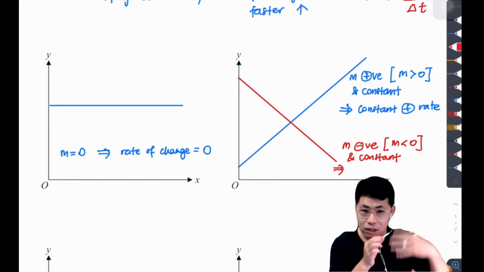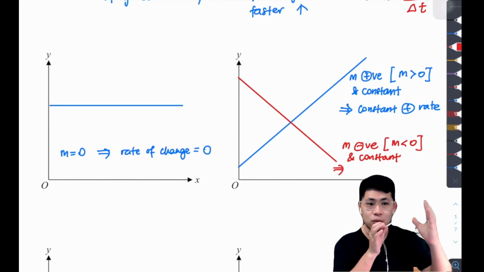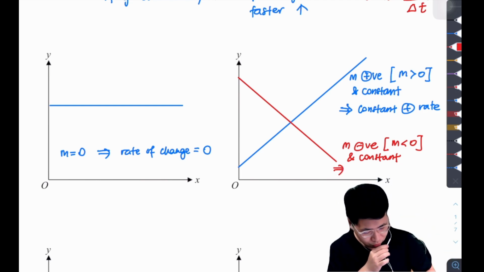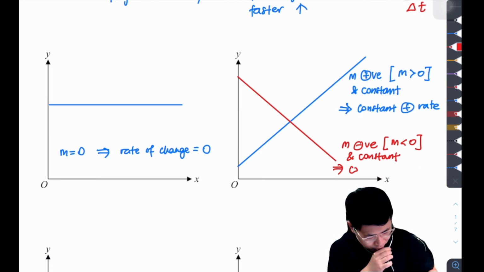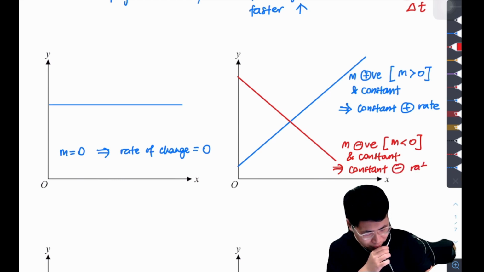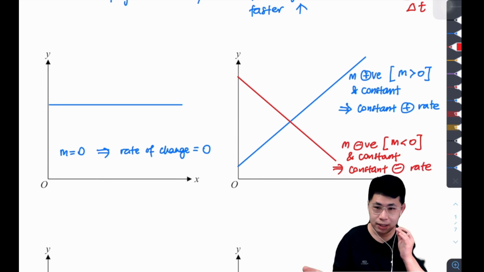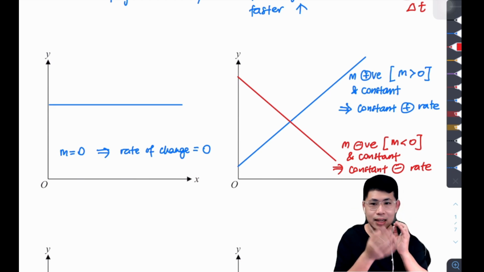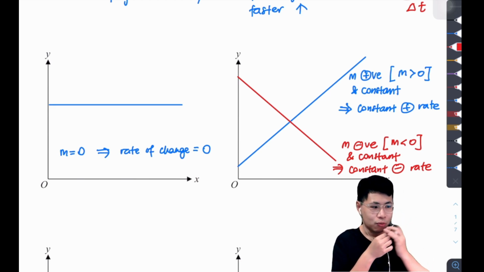Because the gradient is constant, you replace the word gradient with rate. So here, the rate of change is also constant, so it will be a constant negative rate. What you need to do is just change the word gradient to rate. That's all.